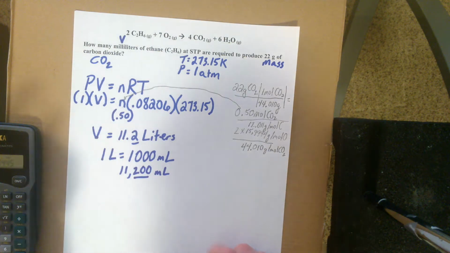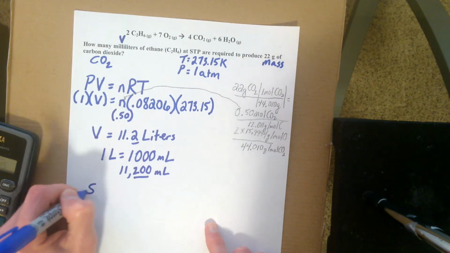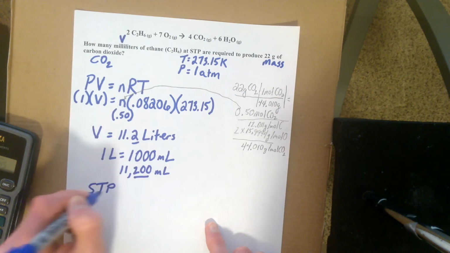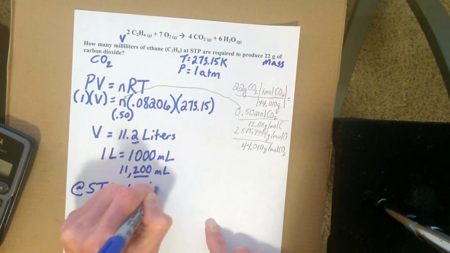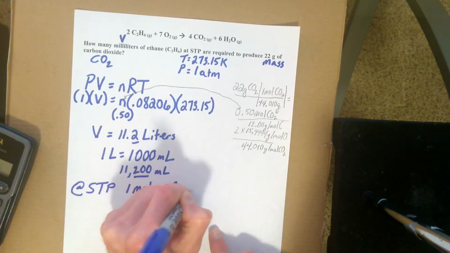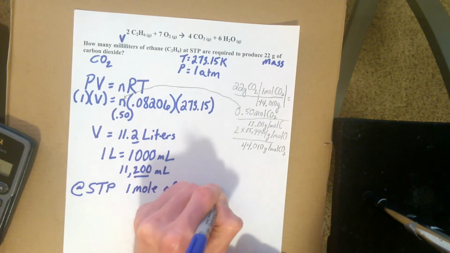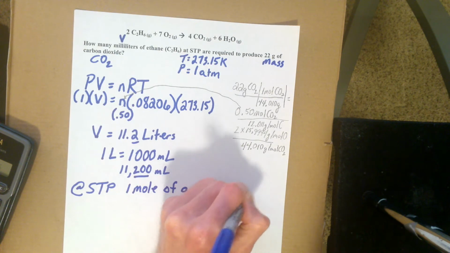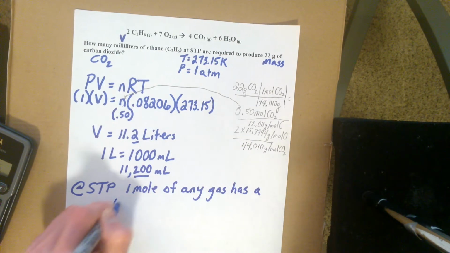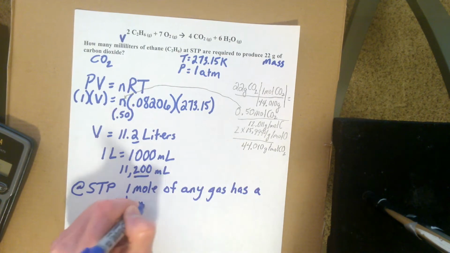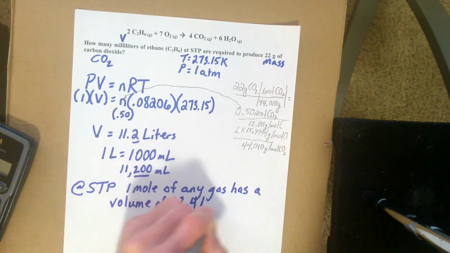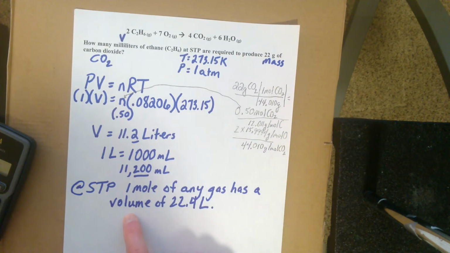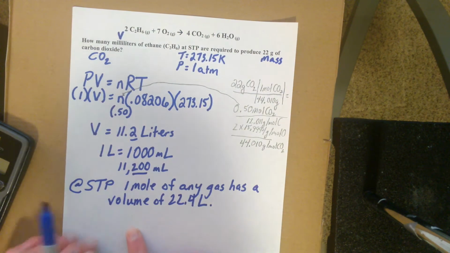All right. Now I want to show you one little thing. When it says STP, at STP, 1 mole of any gas has a volume of 22.4 liters. This is a nice little add-on that you may want to memorize.